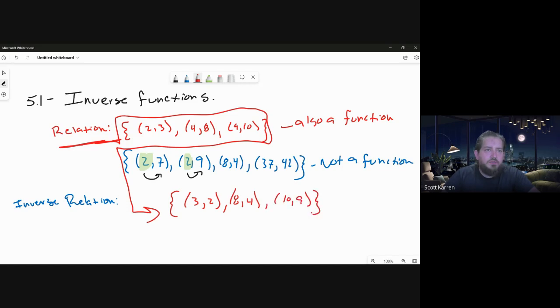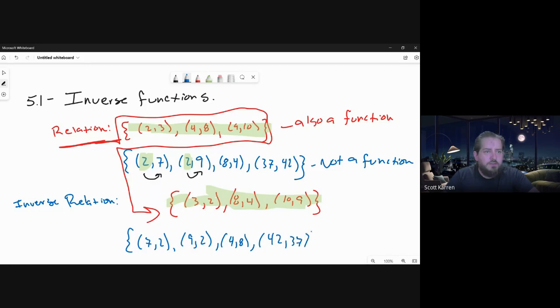Then this right here is the inverse relation of the original relation that we had in red. Likewise, if I want the inverse relation of the blue one, then instead of (2, 7), I have (7, 2). Instead of (2, 9), I'll have (9, 2). Instead of (8, 4), (4, 8). Instead of (37, 42), I have (42, 37).